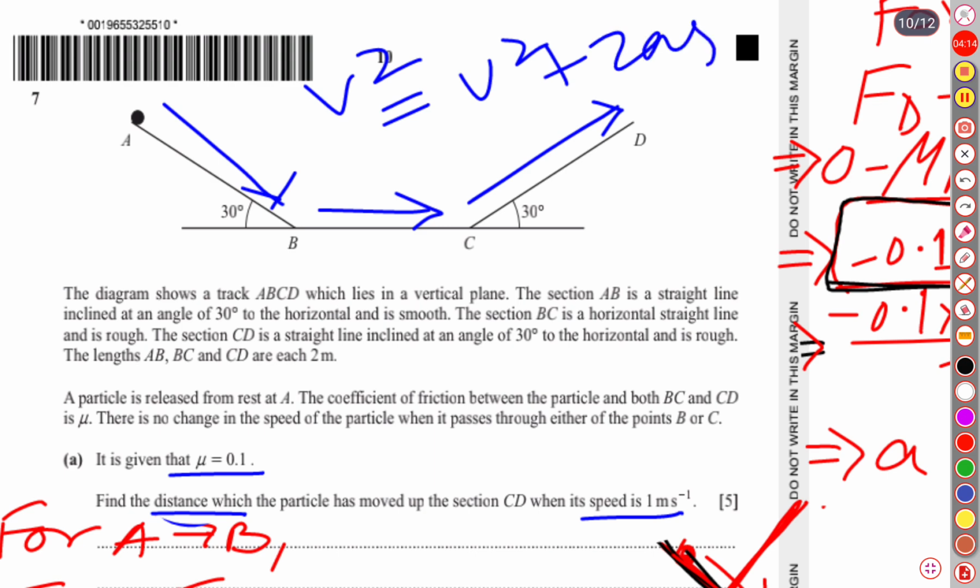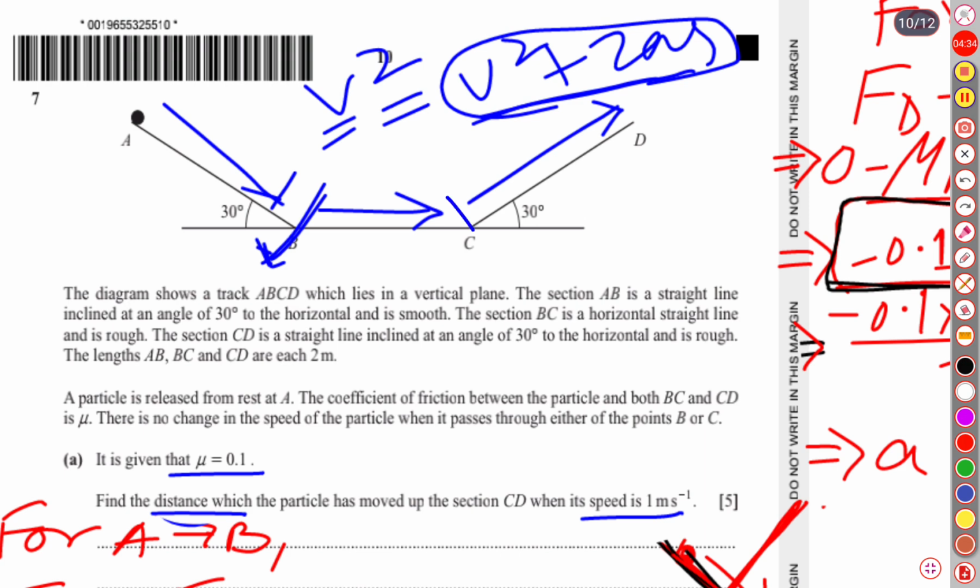For application of this, we may know the velocity, but we don't know the initial velocity as well as the acceleration. So for acceleration, we have found the acceleration at B as well as the velocity at B for the first time, and the final velocity at B for the surface AB is the initial velocity of BC. Same goes for this one. Final velocity at C is the initial velocity for CD.